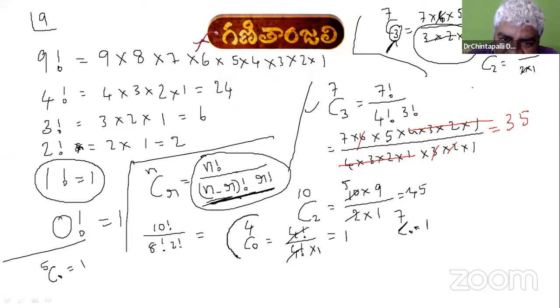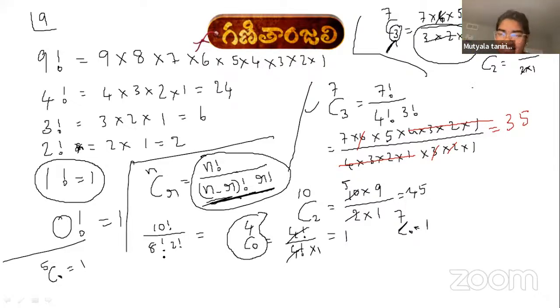Suppose you are offered 4 chocolates, but those 4 are non-veg cookies. Okay, there are 4 cookies made of non-veg.